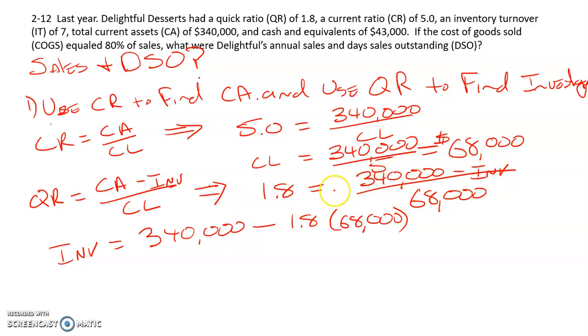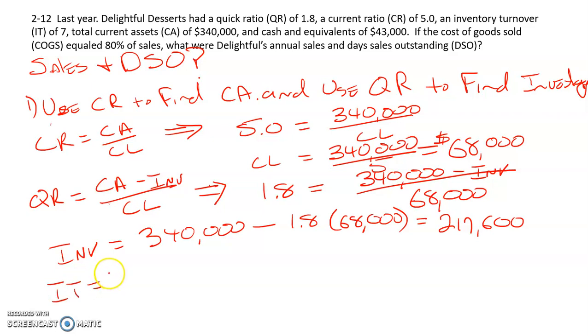So we multiply both sides by 68,000 to cancel out the denominator here, and that is $217,600. That's our inventory.